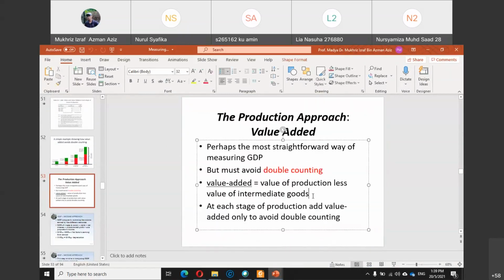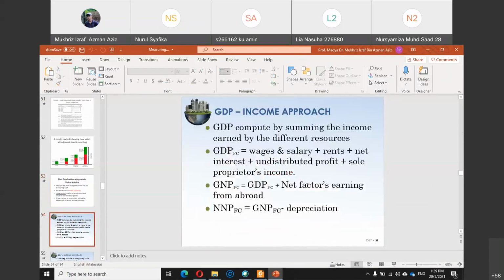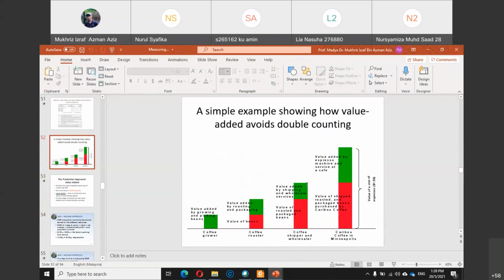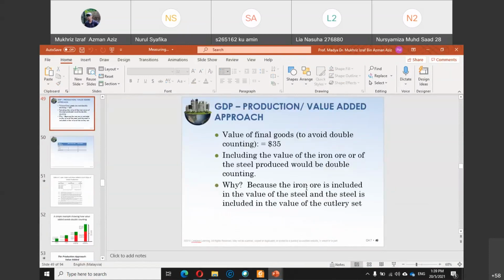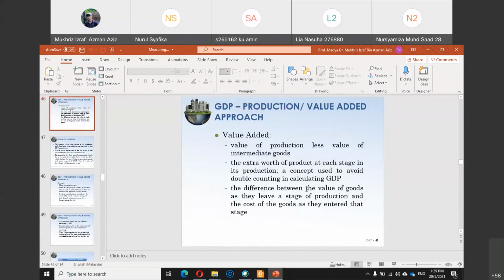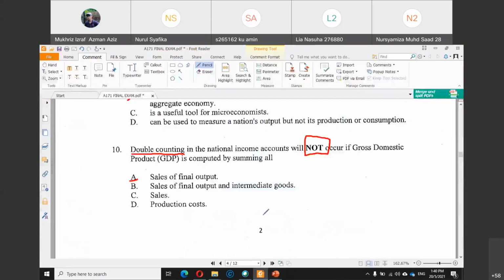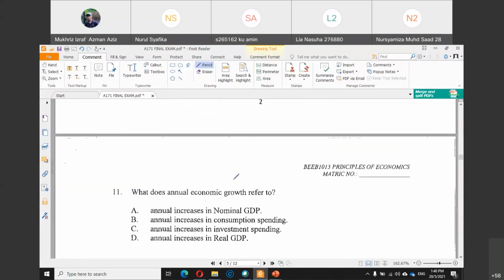Value added is production less intermediate goods, meaning we are only interested in the final sales value, not in the value of production sales less value of intermediate goods. So it should be A, sales of final output.